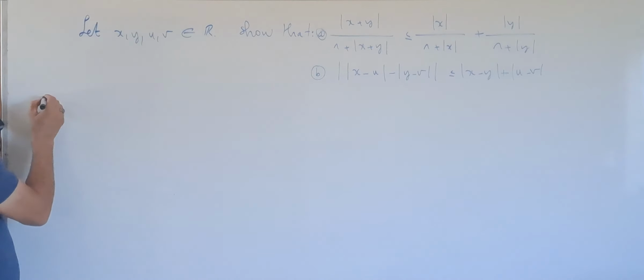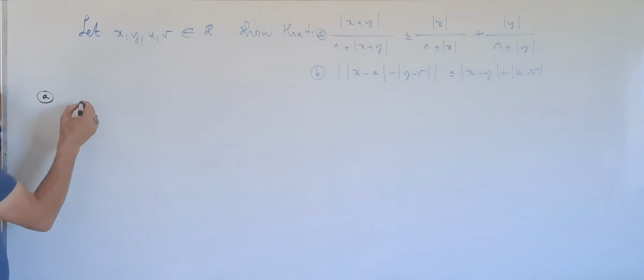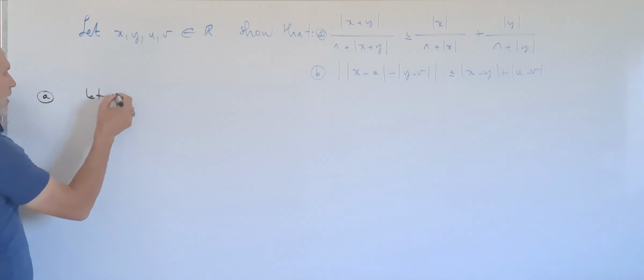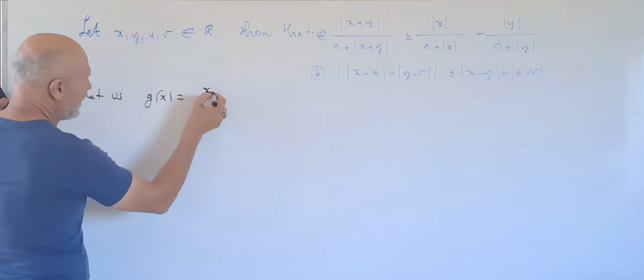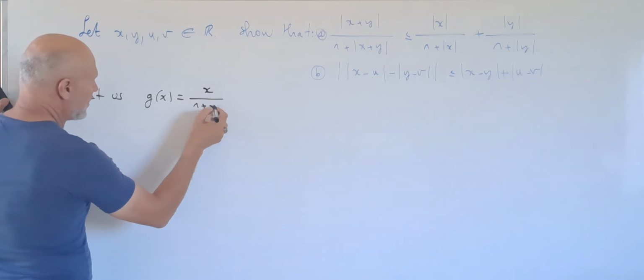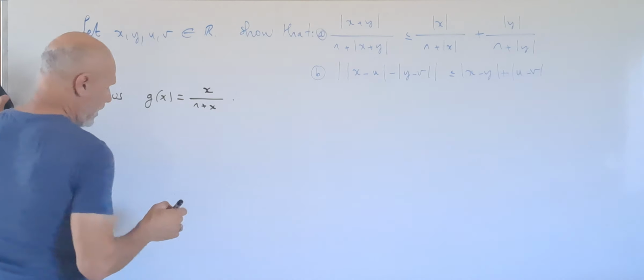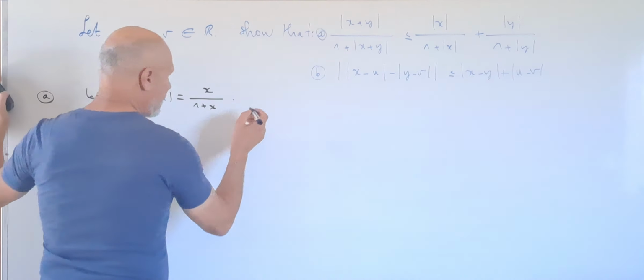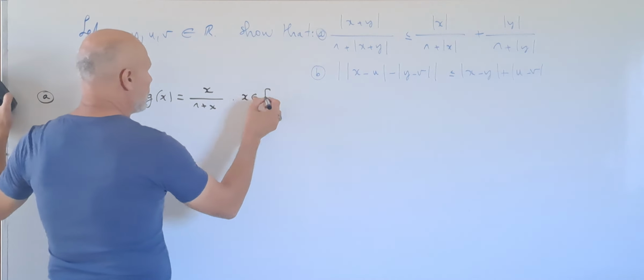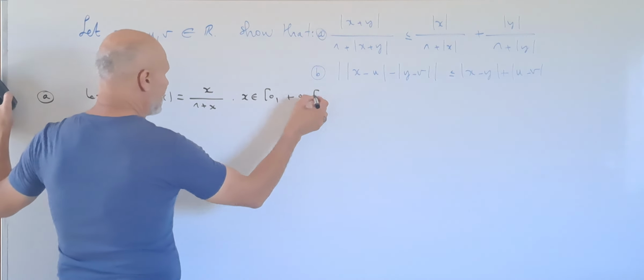To solve A, let us consider the function g of x, which is equal to x over 1 plus x, and let us study this function for x belonging to 0 plus infinity.